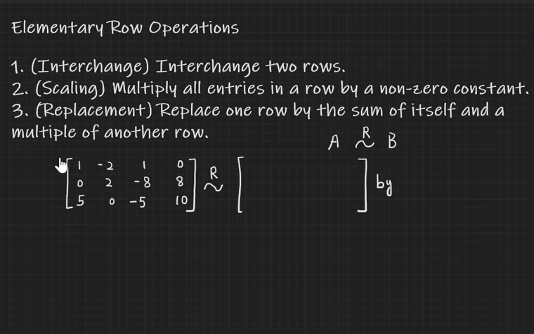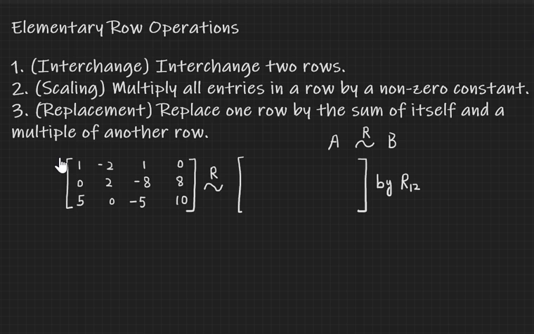Suppose that I want to interchange the first row and second row. Then interchanging the first and second row can be symbolically represented as R subscript 1,2. It means that we want to apply the elementary row operation which is interchanging the first and second row.